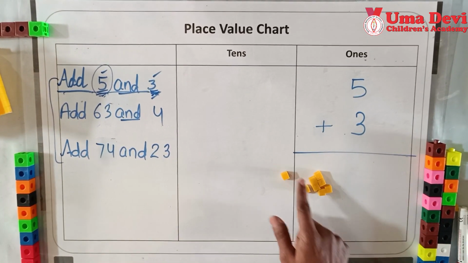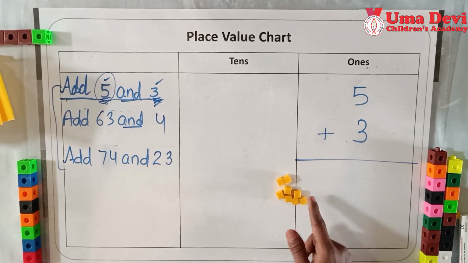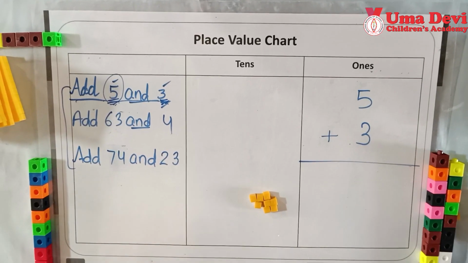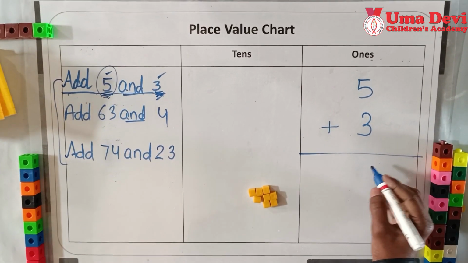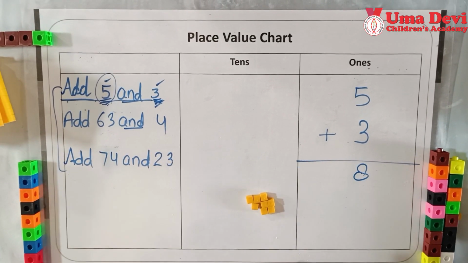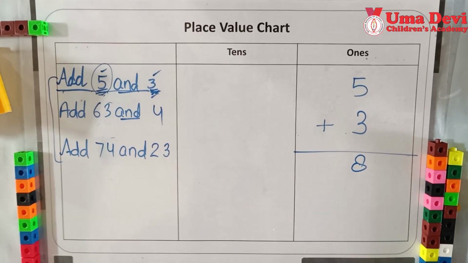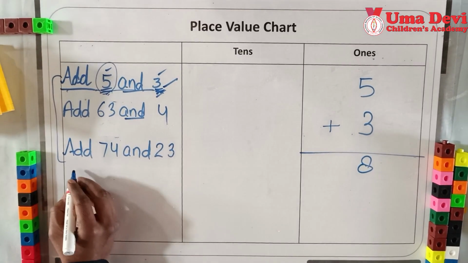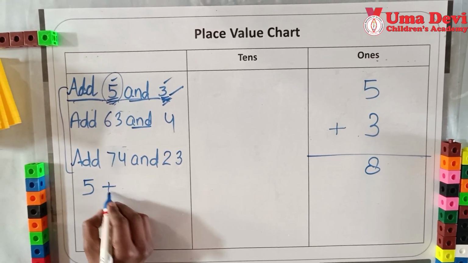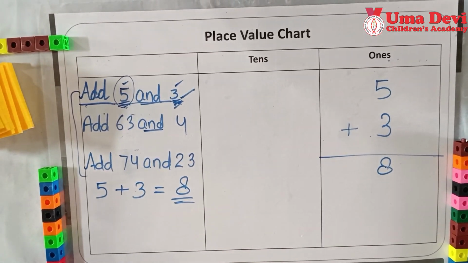Now count it: 1, 2, 3, 4, 5, 6, 7, 8, means total is 8. So when we add 3 in 5 we will get 8, right? Good. So we have solved this question and we can also write like this: 5 plus 3 equals 8, right?